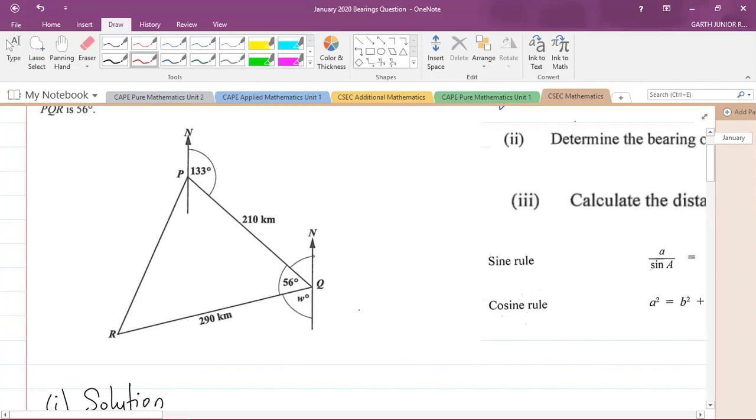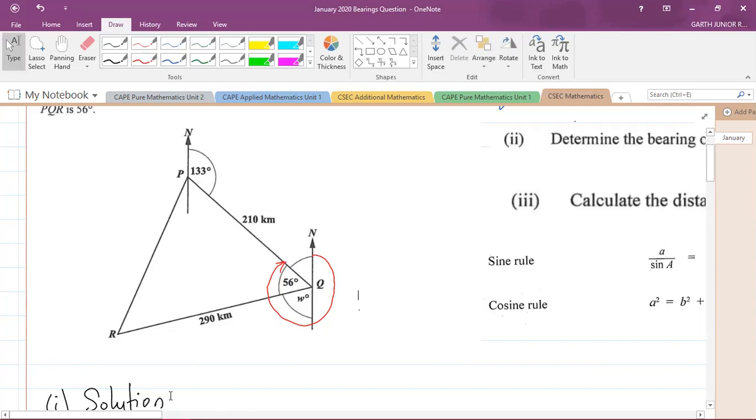So the bearing of P from Q means that we're starting at Q, and we're going to go right up here. That is the bearing that they are asking us to calculate.